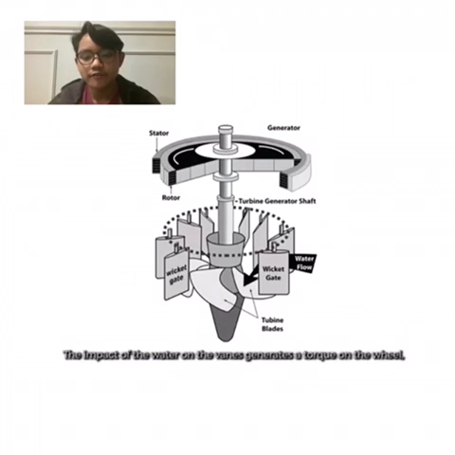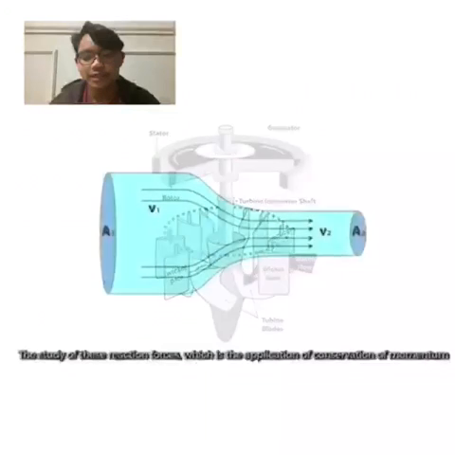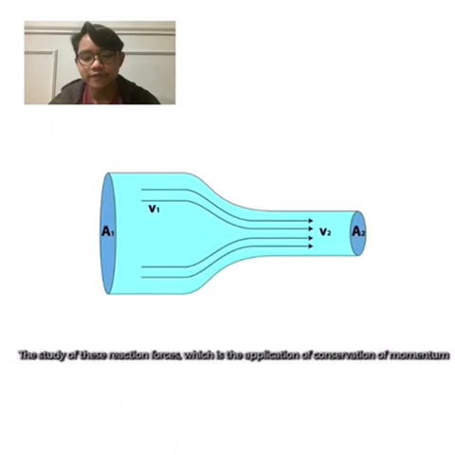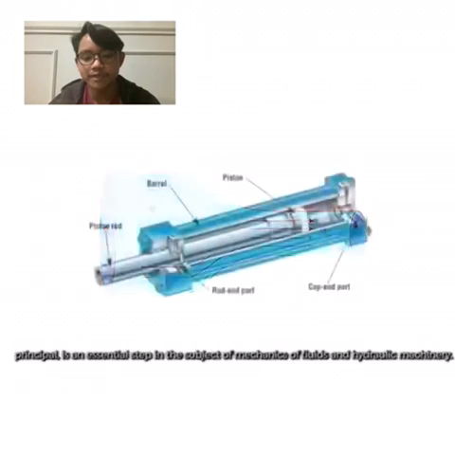The impact of the water on the vanes generates a torque on the wheel, causing it to rotate and to generate electricity. The study of this reaction force, which is the application of conservation of momentum principle, is an essential step in the subject of mechanics of fluids and hydraulic machinery.